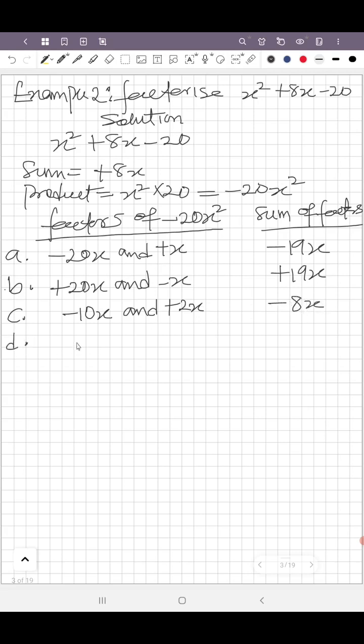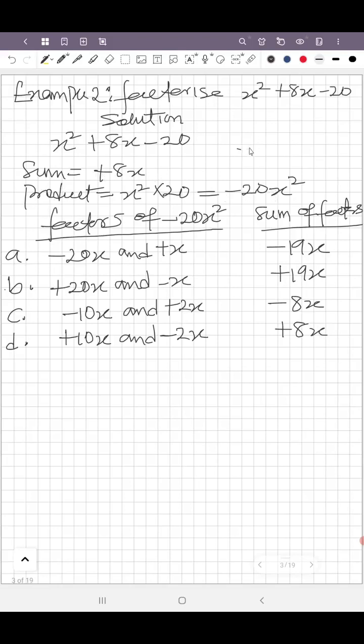Let's change the signs to plus 10x and minus 2x. Plus 10x times minus 2x gives us minus 20x², but when you add them together, we have plus 8x. So what we have to find is: sum is plus 8x, product should be minus 20x².